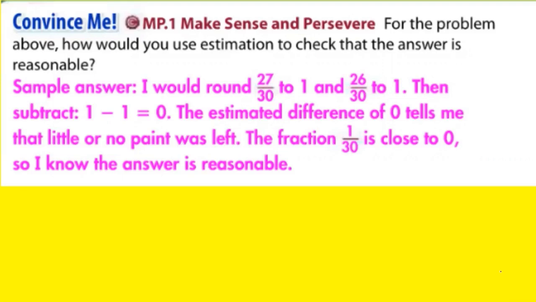Then subtract, 1 minus 1 will be 0. The estimated difference of 0 tells me that little or no pizza was left. The fraction 1 over 30 is close to 0, so I know the answer is reasonable.